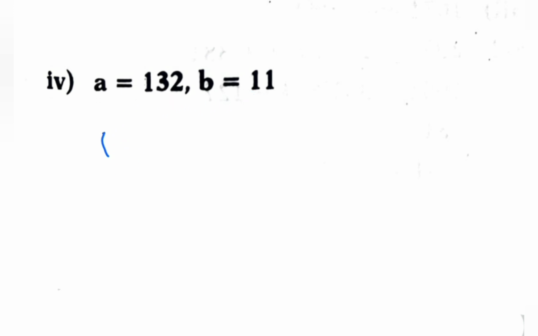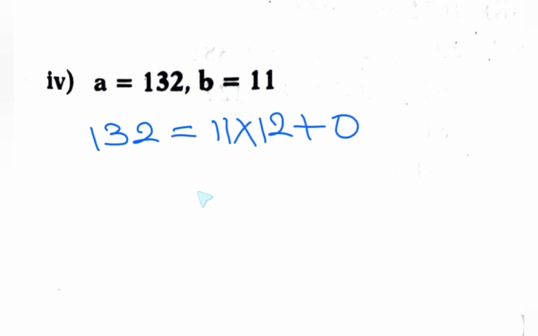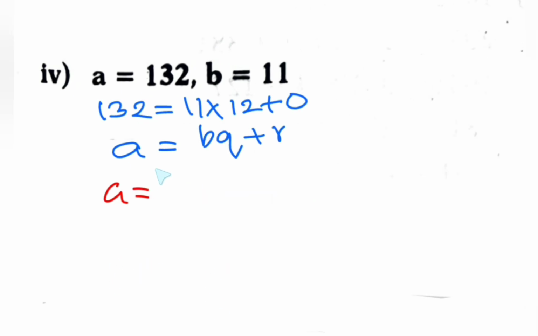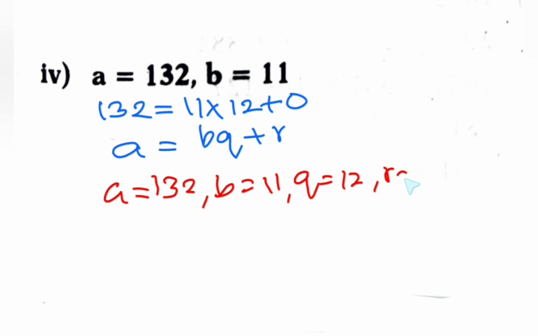So 132 is equal to 11 into 12 plus 0. a is equal to bq plus r, a is 132, b is equal to 11, q is equal to 12 and r equal to 0.